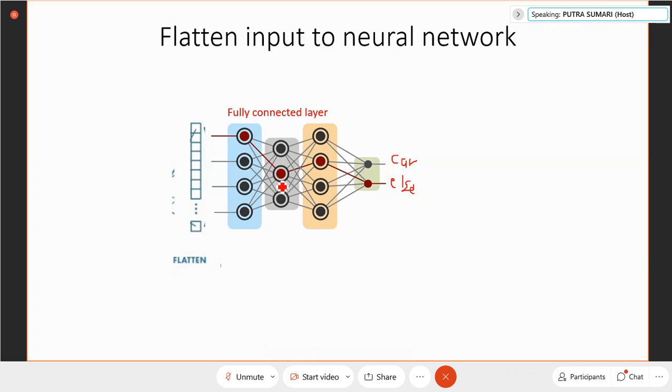You train this for car and else, and you get fixed weight and bias and layers and nodes. When you take this to another problem domain, it means transfer learning.